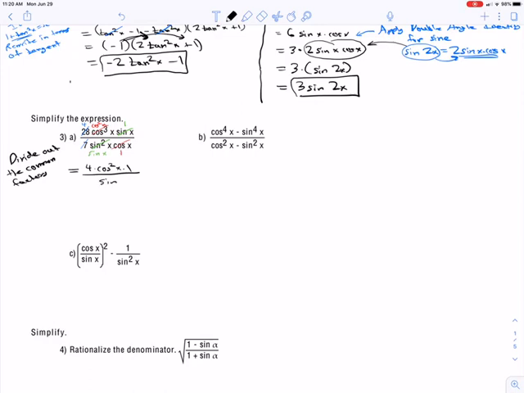Sine x times 1. So we have 4 cosine squared x over sine x. Well, apply an identity. I want you to try to apply an identity to that. Well, let's try to apply the quotient identity.